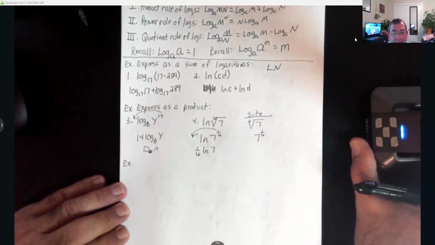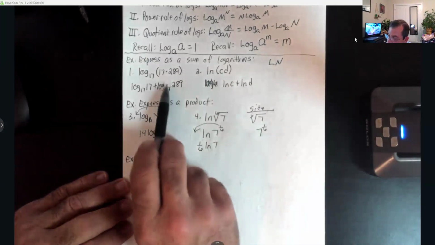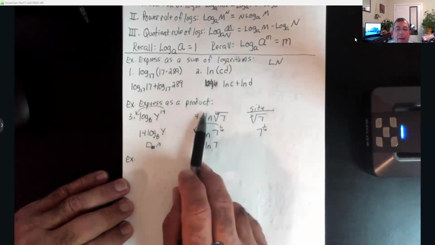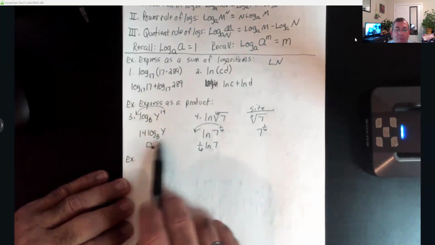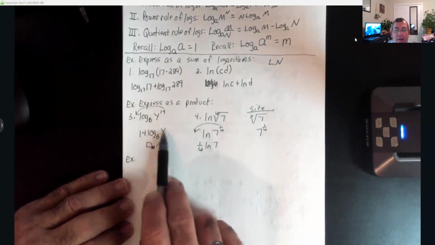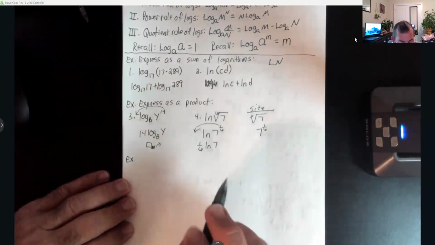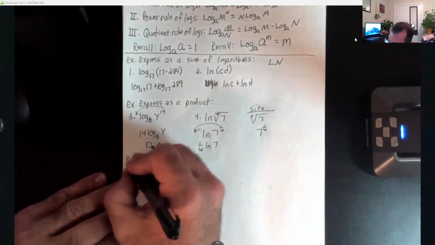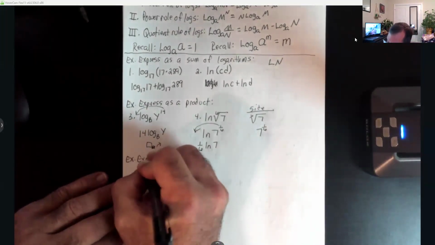All right, so if you think about it, I've gone through the product rule where we rewrote them as a sum, the power rule where we express things as a product. So we got that quotient rule left, and this will say express as a difference of logs.